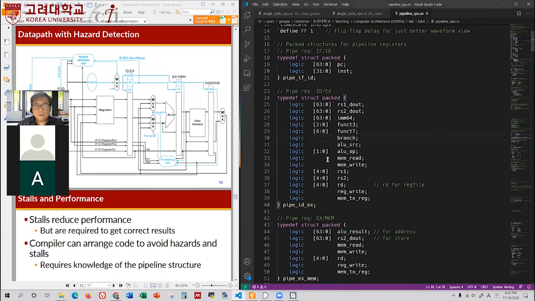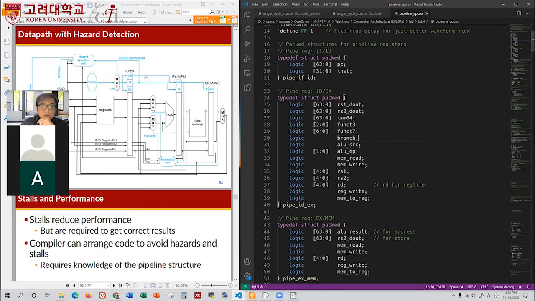But actually the difficulty of this pipeline processor design is rather higher than the single cycle processor design, because the instructions flow through each of the pipeline stages, and you also need to consider the timing of instructions.